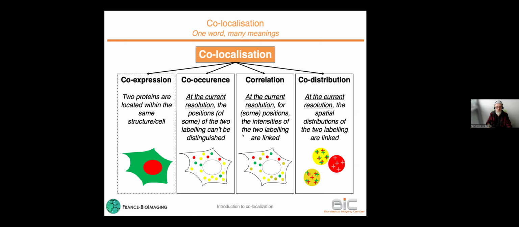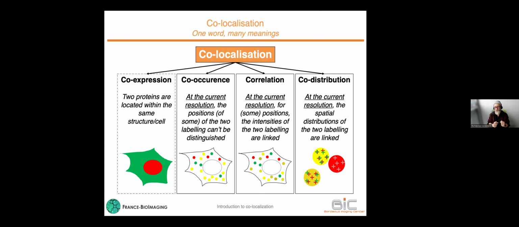If you go to methodologies such as super resolution, you might not be able to colocalize the proteins of interest the same way you did with a low resolution approach. So saying that I've got co-occurrence, the two proteins on the same structures, is true, but only for a certain resolution.